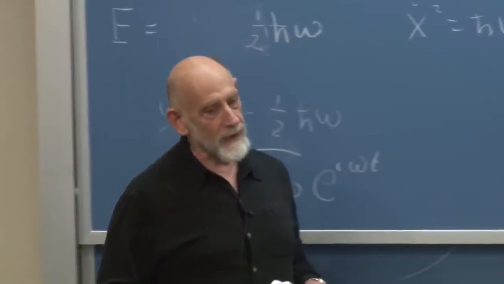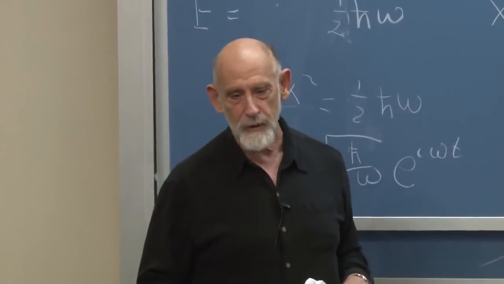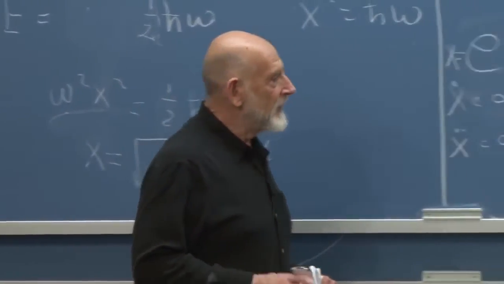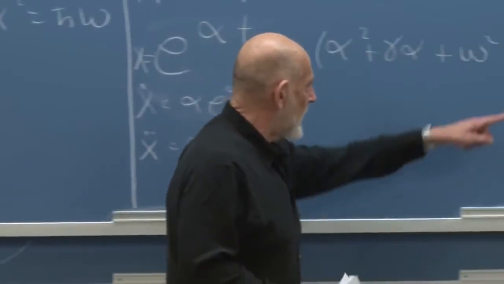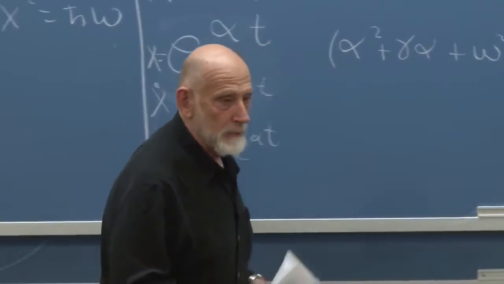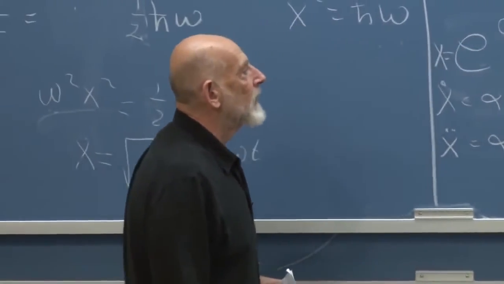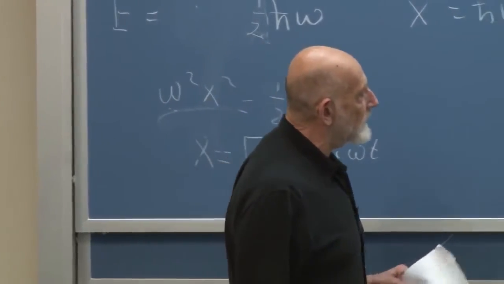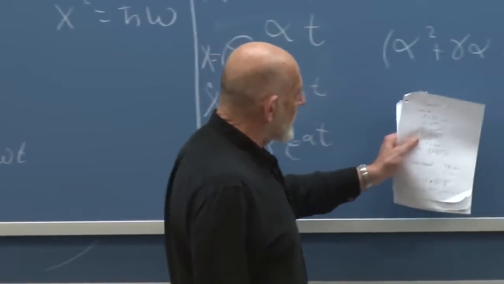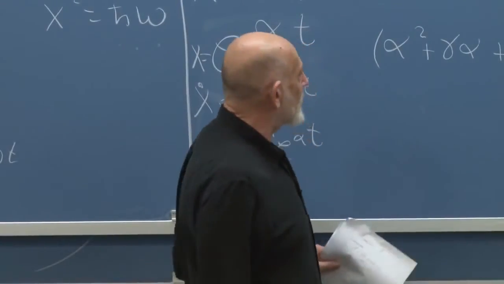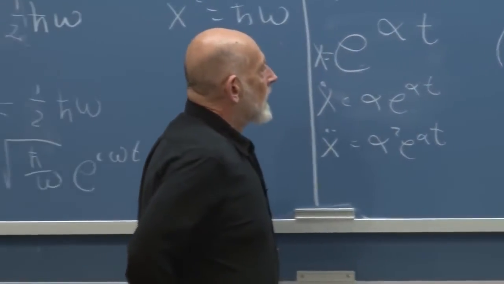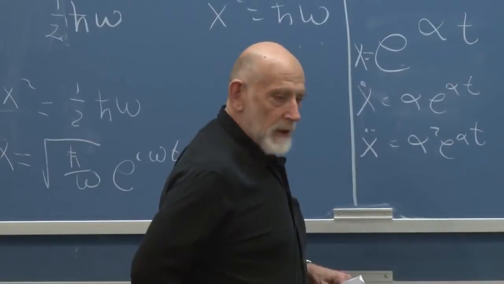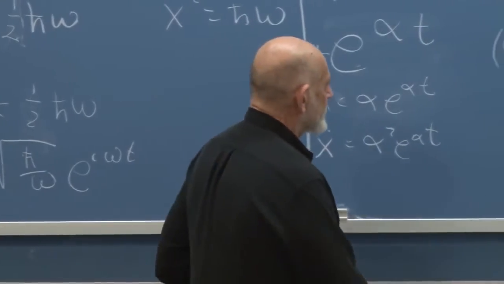Well, e to the alpha t is an exponential. It's not 0. The only way we can get 0 on the right-hand side is if the thing that multiplies e to the alpha t is 0. So this gives us an equation for what alpha is. Given gamma and given omega, numerical constants, alpha is determined by a quadratic equation. So let's solve it.